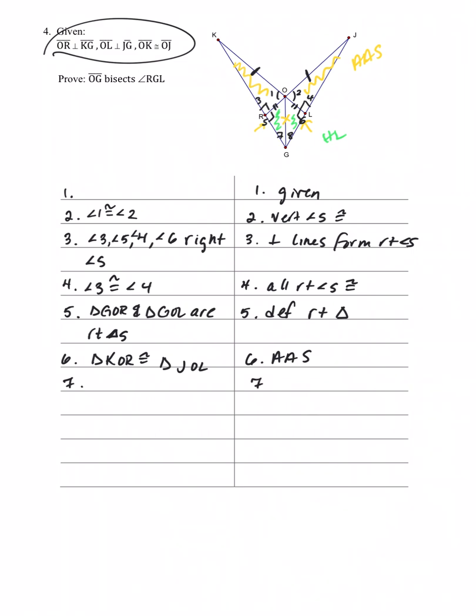Then I'm going to conclude that RO is congruent to LO by CPCTC. Let's not forget that OG is congruent to itself, reflexive. And then we can conclude that these green triangles are congruent.